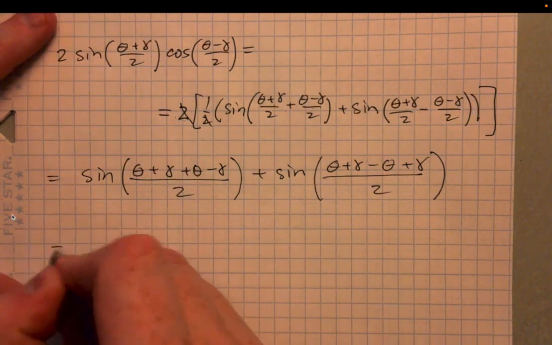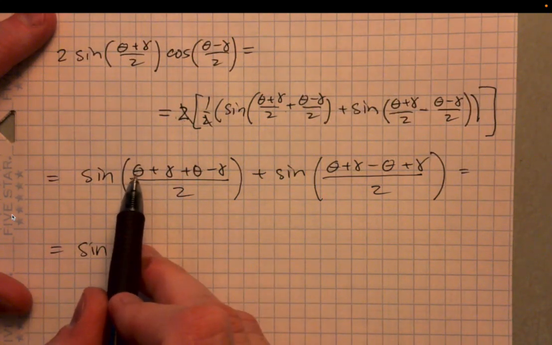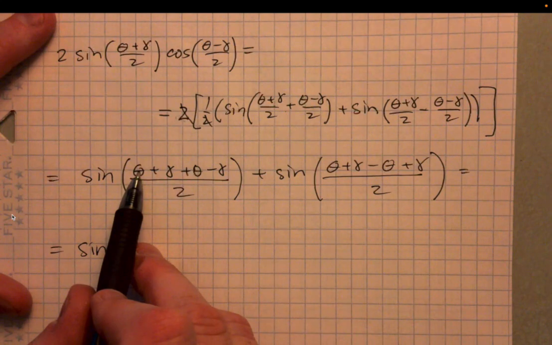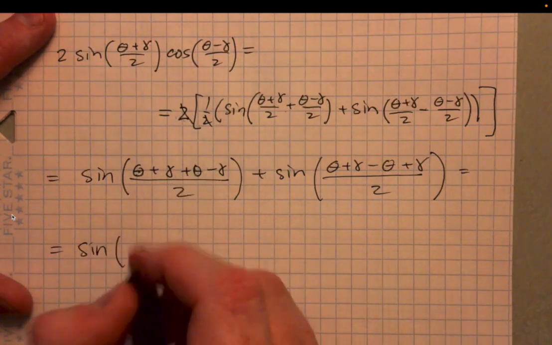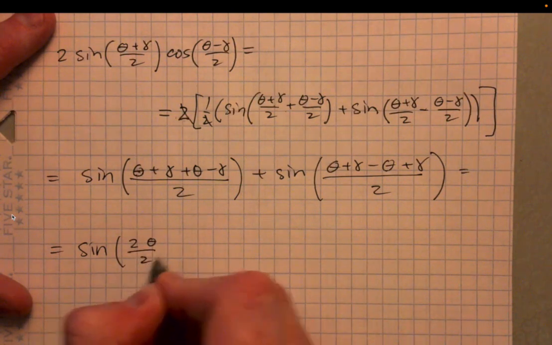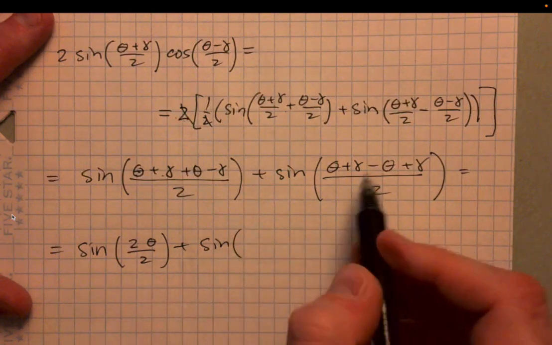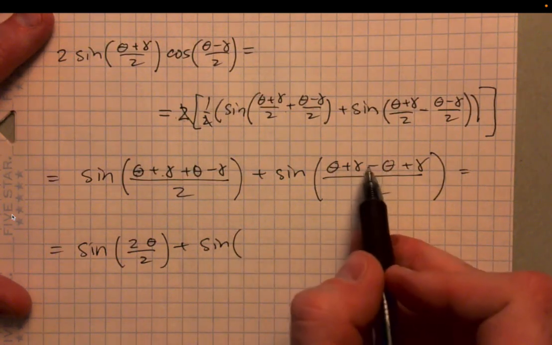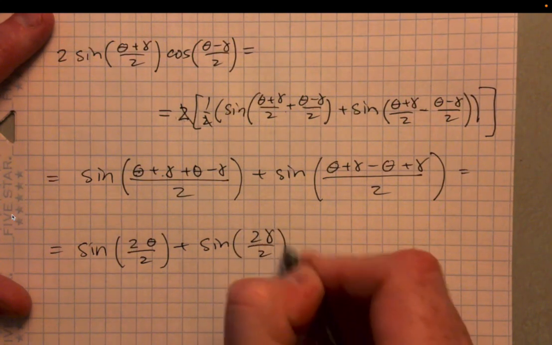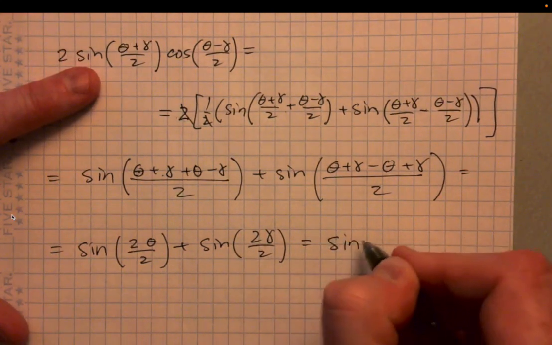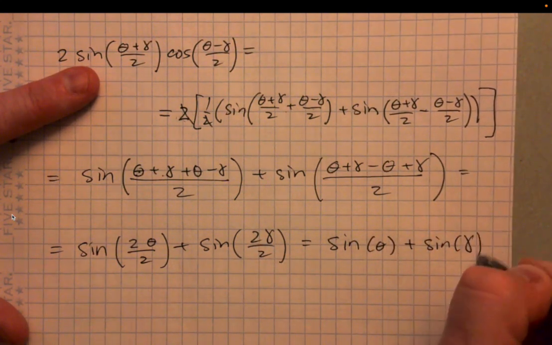You can see what's going to end up happening here. You have theta plus theta, and then gamma minus gamma. So I basically get 2 times theta over 2 in here, don't I? The gammas go away. And then over here I get theta minus theta, so the thetas drop out, and it's gamma plus gamma over 2, so 2 gamma over 2. And so I can just write this as sine of theta plus sine of gamma.